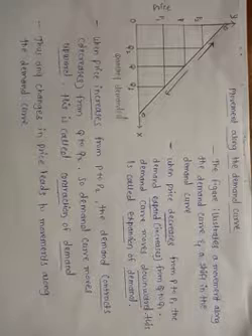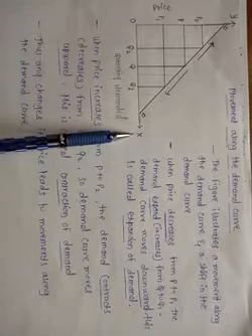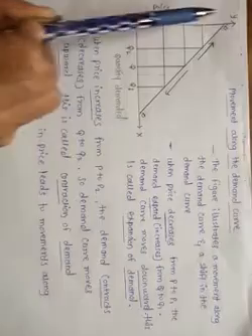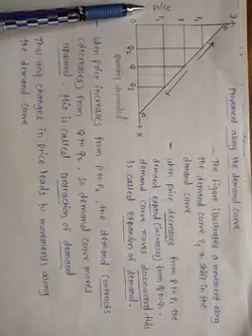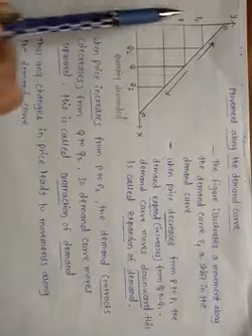Students, we will explain it with the help of the diagram. See here in the diagram, on the OX axis we represent the quantity demanded, and on the OY axis we represent the price of the commodity.